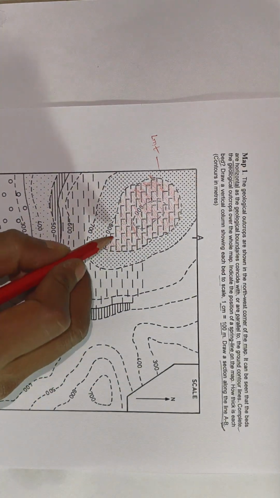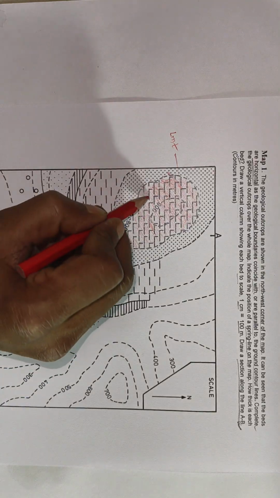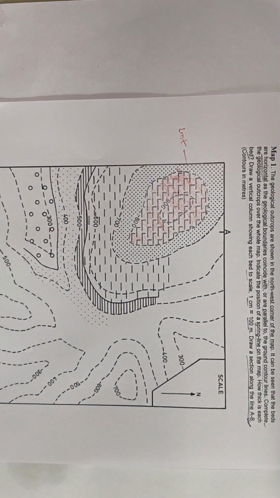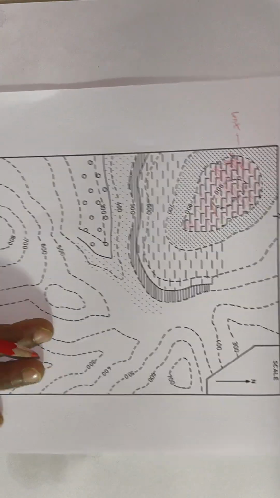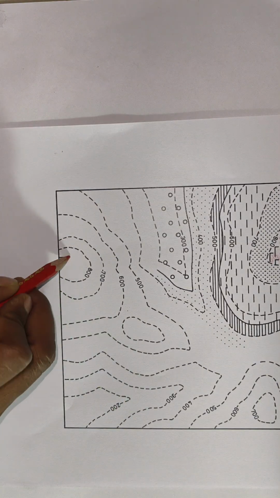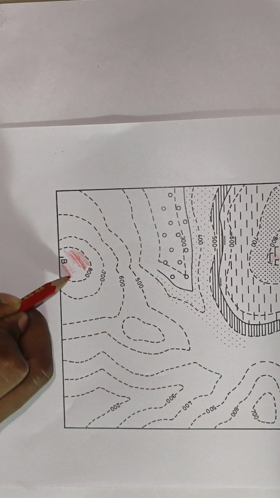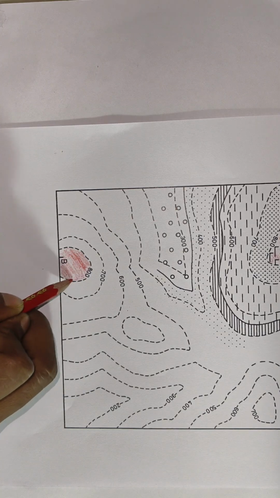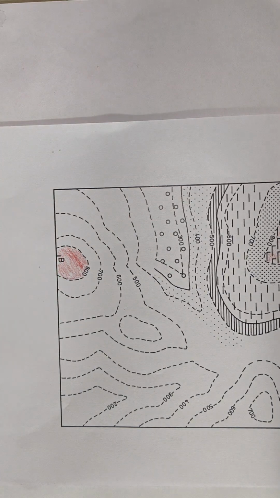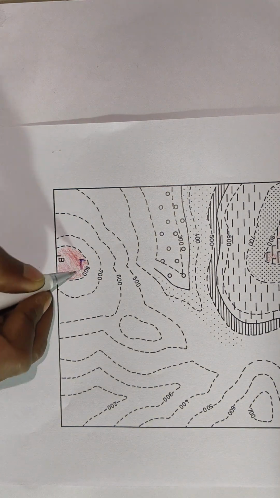So limestone is above the 800 meter contour. Another limestone will be found which has elevation more than 800, so it will be here, and the contact will be exactly at 800. And the representation of the symbol will be like that.